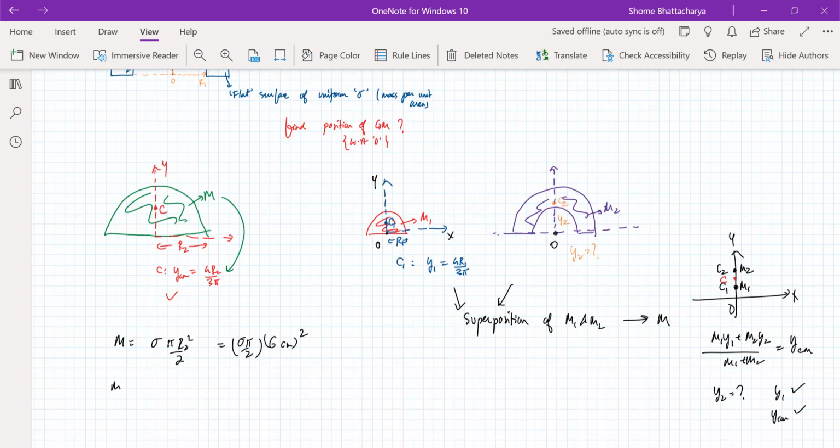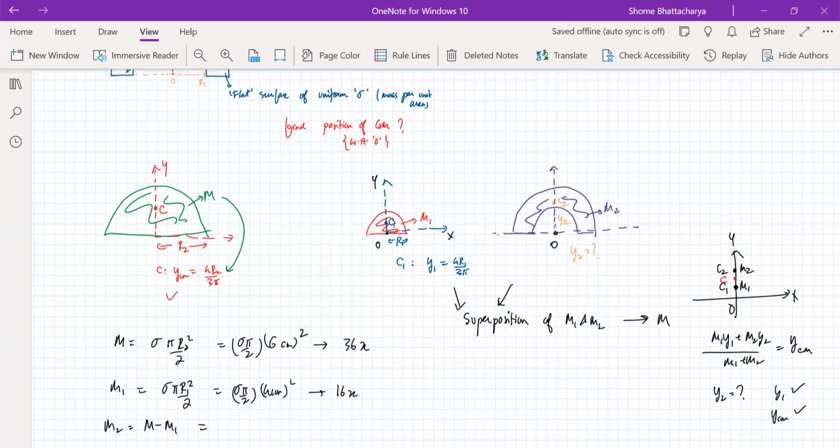Okay, what will be m1? You can see in the diagram above, it is pi r1 square by 2. And r1 was 4 centimeter. And what is m2? It is m minus m1, no? So you can see that if we write this as 36 times something, then this is 16 times that.